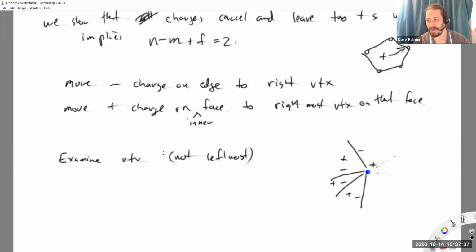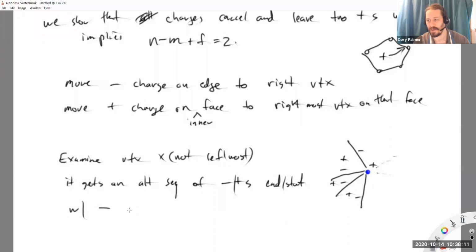So vertex X, not the leftmost, gets an alternating sequence of pluses and minuses, starting with a minus and ending with a minus. It gets an edge. Eventually that edge reaches a face that doesn't contribute there.